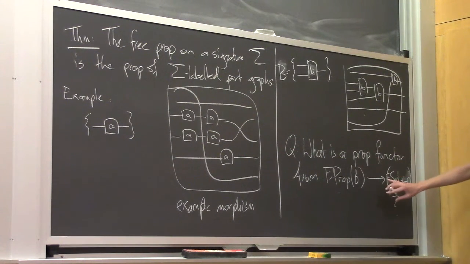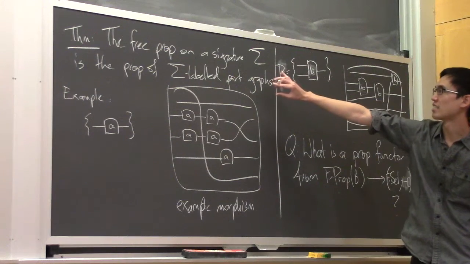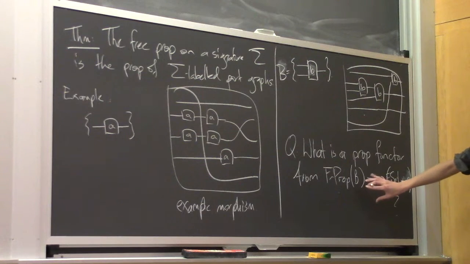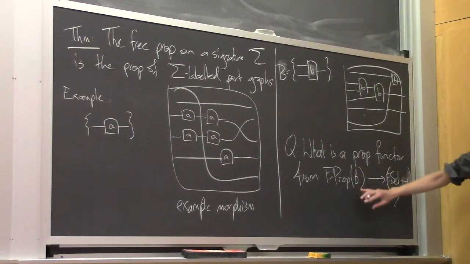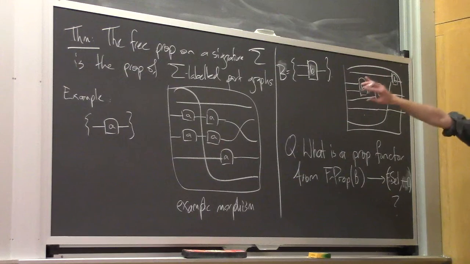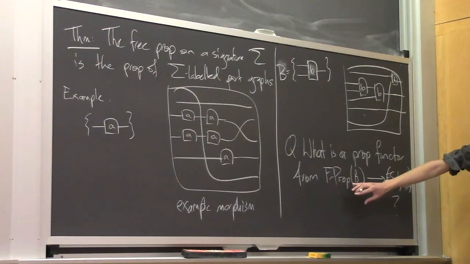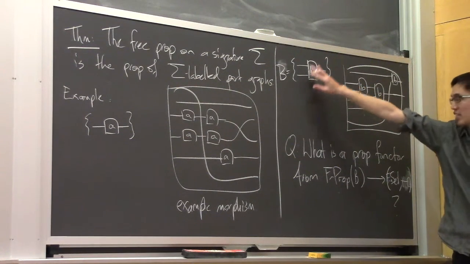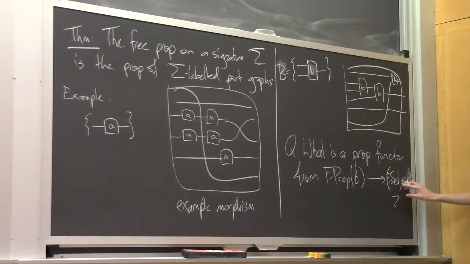This theorem says that the free prop on a signature is this prop, but in particular, a functor out of the free prop is really just a choice: here's the generating morphism of the free prop, and what morphism in the prop of finite sets should it go to? I think it's just going to be any set function from one set to a set that's either the same size or smaller.